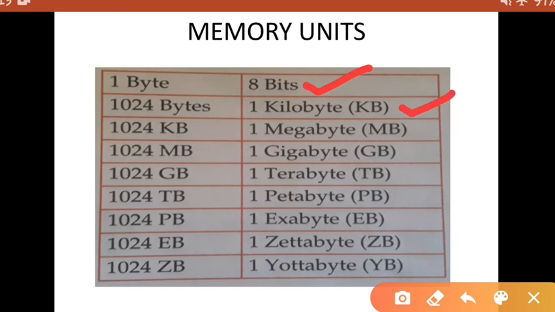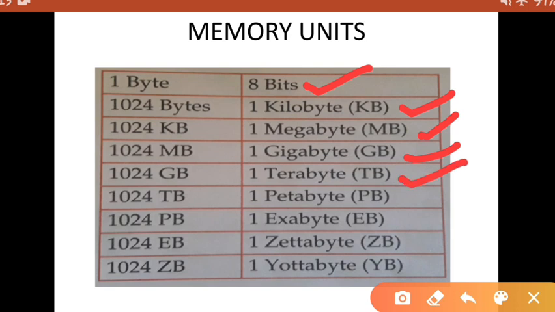KB is the abbreviation. 1024 KB is equal to 1 MB, that is megabyte. 1024 megabytes is equal to 1 GB, that is 1 gigabyte. And 1024 gigabytes is equal to 1 terabyte.